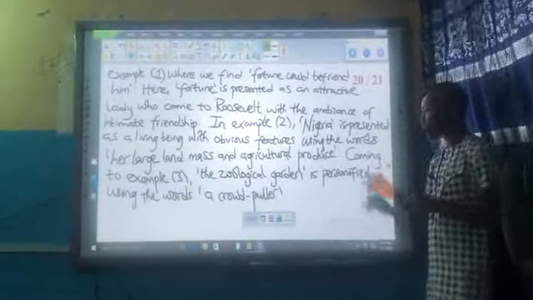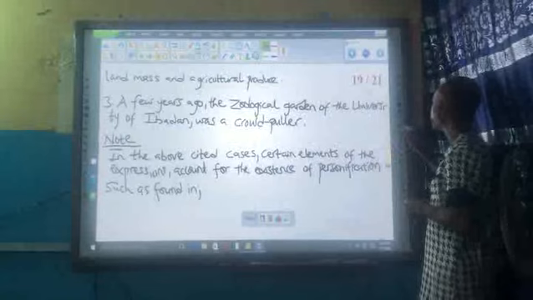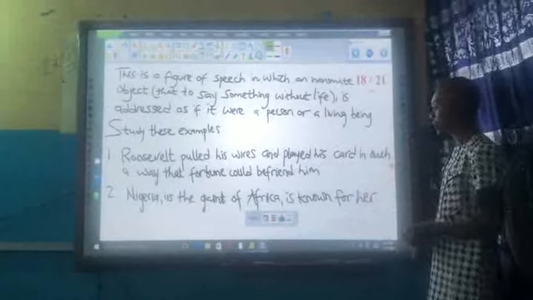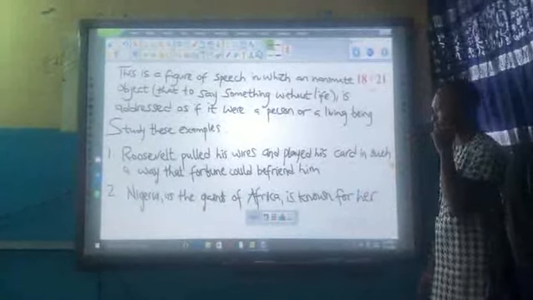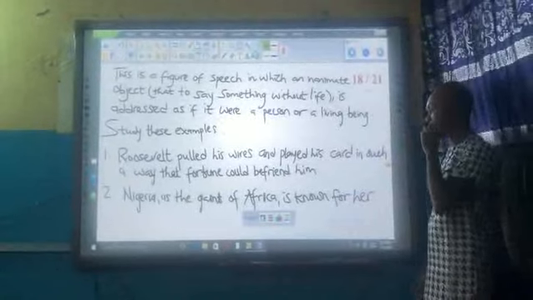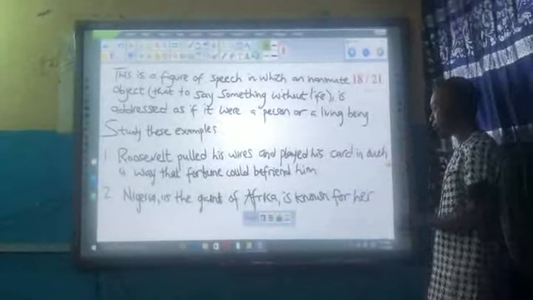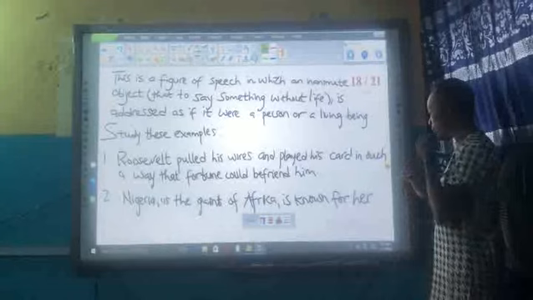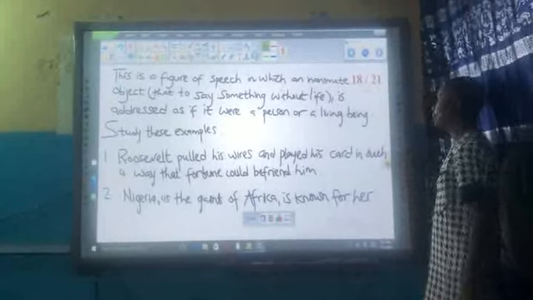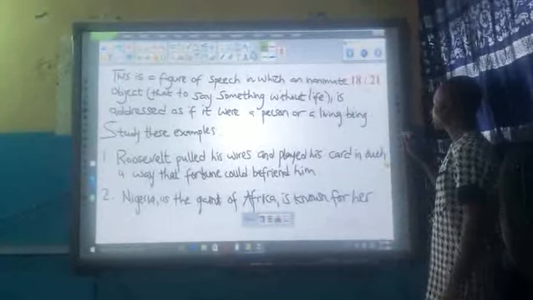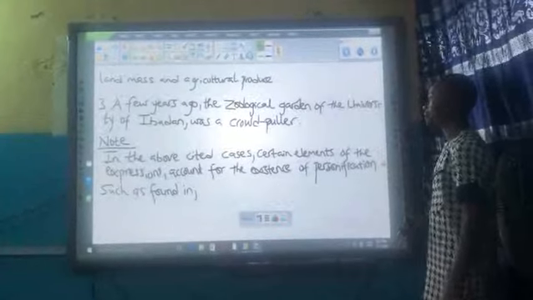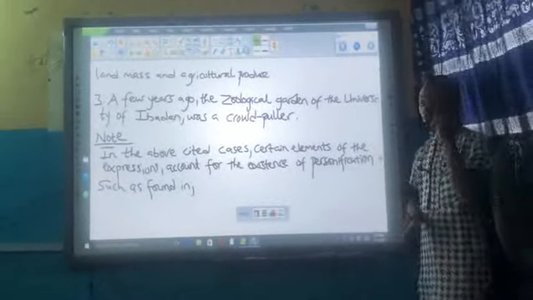In example 2, let's go to example 2. Example 2 says, Nigeria as the giant of Africa is known for her large landmass and agricultural produce.